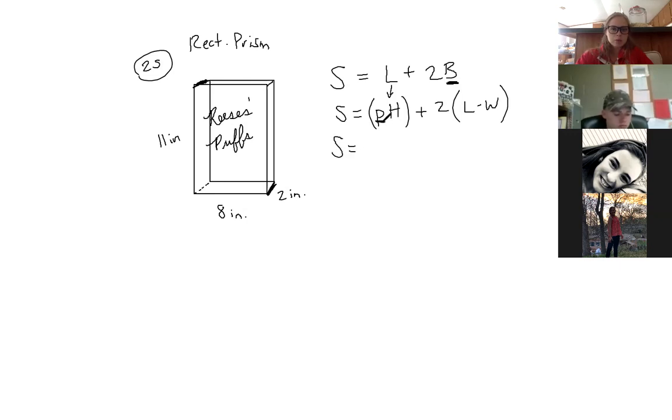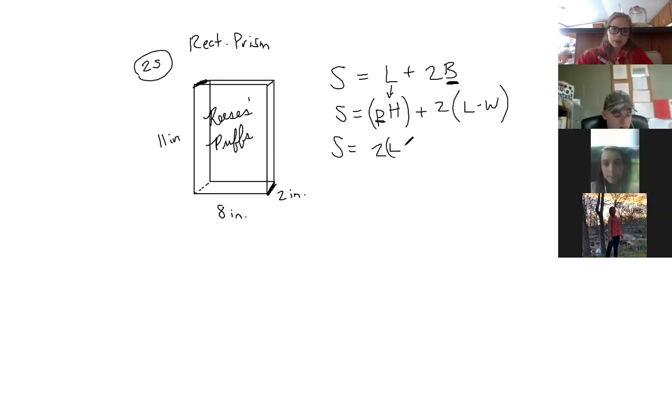I've got perimeter right here. The perimeter of what, Brinley? It'd be length times your width. Length times width is area. How do I find the perimeter of the base? 2 times the length plus the width.